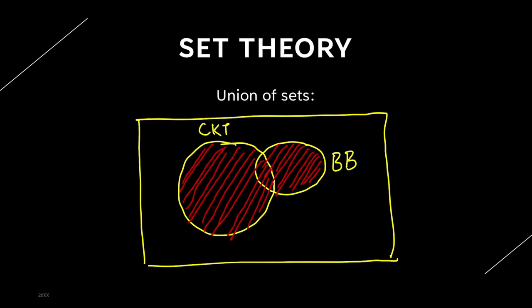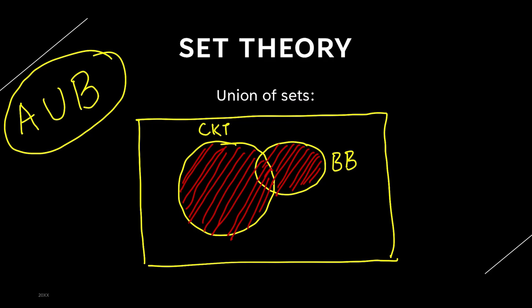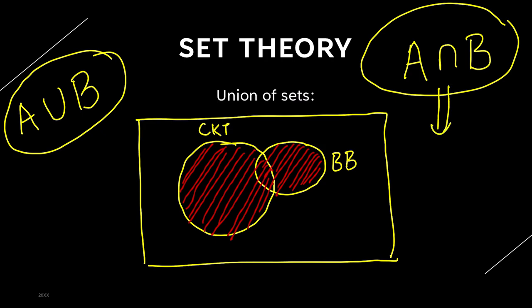Now, going back, let's start with union of a set. This is how we represent union. Union means students who have taken cricket and basketball, everyone is included as part of it. And there is another thing which is represented by this. This means students who have taken basketball and cricket both, only those students who have taken these two sports together.